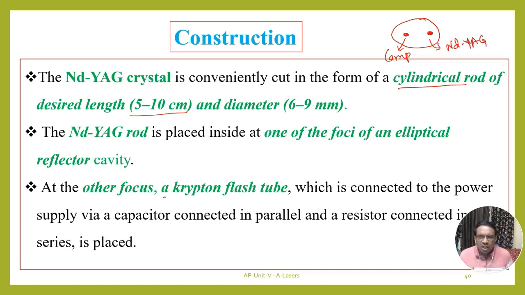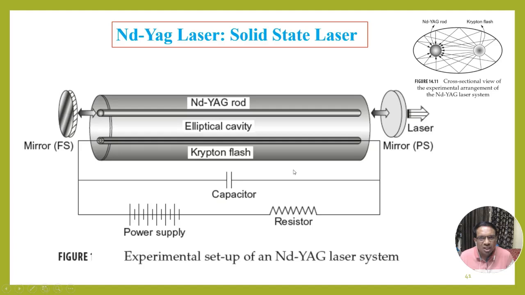At the other focus is the krypton flash tube, which is connected to the power supply. We use the lamp to pump the atoms to an excited state. In the cross section, this krypton flash lamp is connected with a power supply and resistor, and a capacitor is connected in parallel to it.